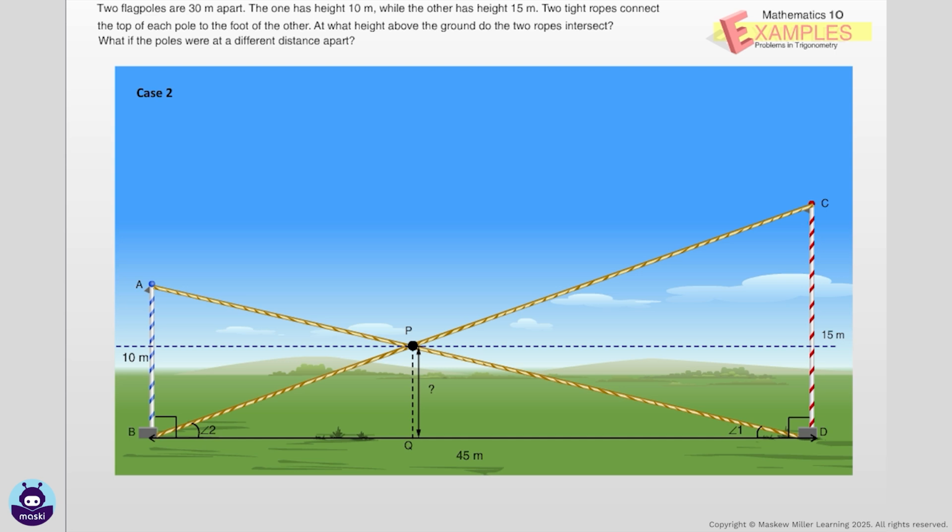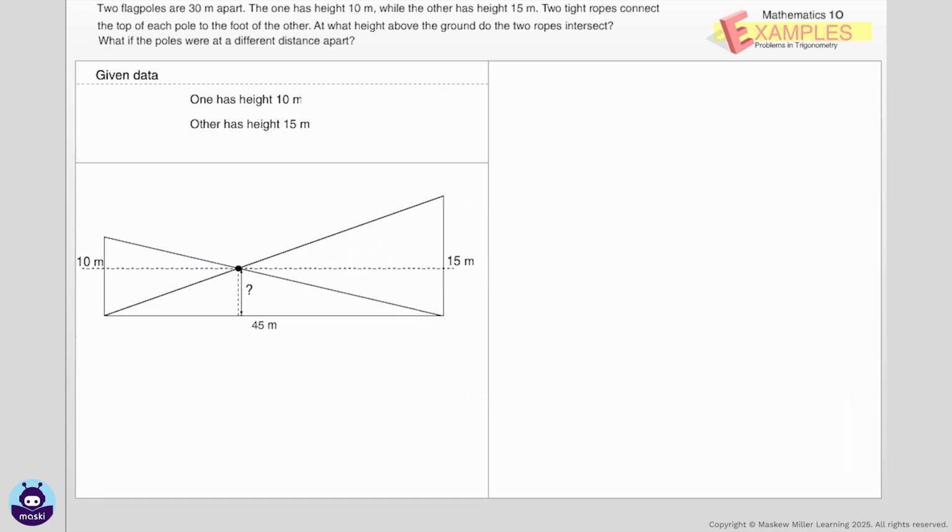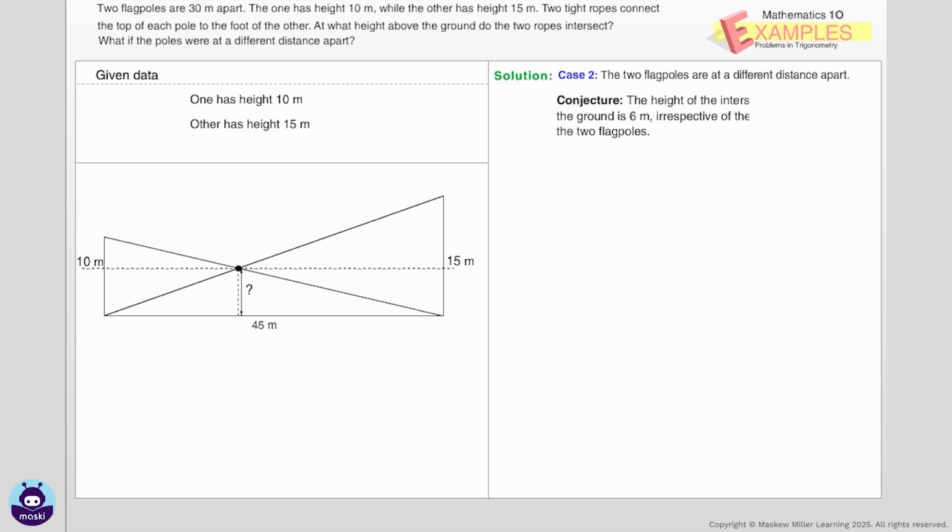We can make a conjecture that the height of the intersection point will be the same, that is, 6 meters, whatever be the distance between the flagpoles. Let us now try to prove this using trigonometry. Conjecture. The height of the intersection point above the ground is 6 meters, irrespective of the distance between the two flagpoles.